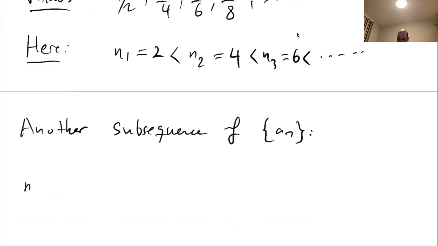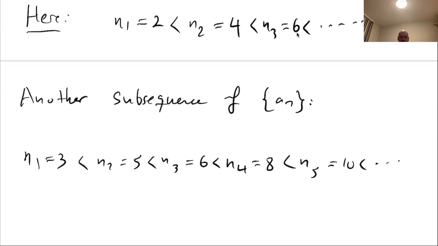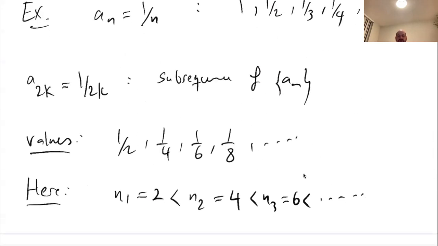I could say, for example, n1 equals 3, less than n2 equals 5, less than n3 equals 6, less than n4 equals 8, less than n5 equals 10. So the first two indices are odd, then the rest are even. That's okay, as long as n1 is less than n2, n2 less than n3, and so on, you have a subsequence.